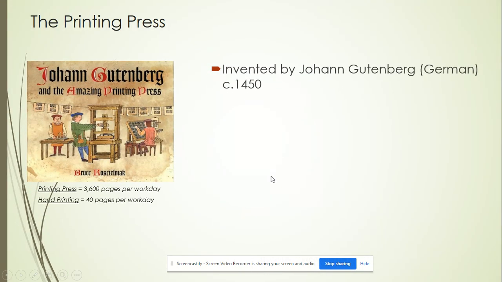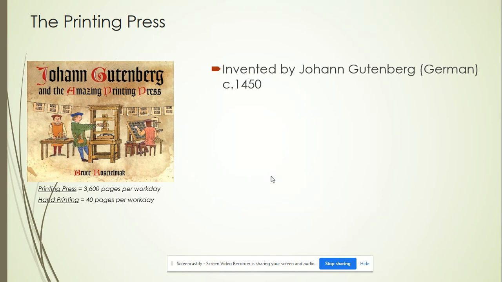Moving on. So the most important invention of all time, at least my belief, is the printing press, which is invented by Johann Gutenberg in Germany around 1450. Movable type had been imported from the Far East, from China, and it's Gutenberg who creates an invention that allows this movable type to create mass-produced pamphlets or books.